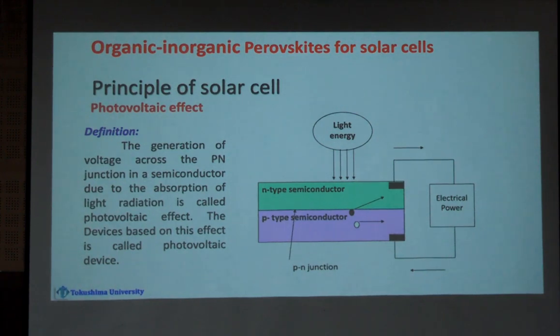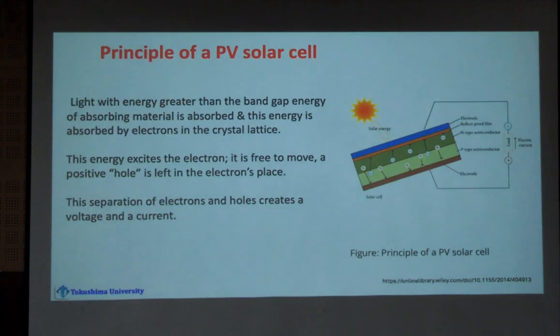This change in voltage is nothing but photovoltaic. Photo means light, voltaic means voltage. So that's why photovoltaic effect. A device based on this effect is called a photovoltaic device. Once this voltage change is created, it can be converted into electric power, because power means change in voltage, potential.